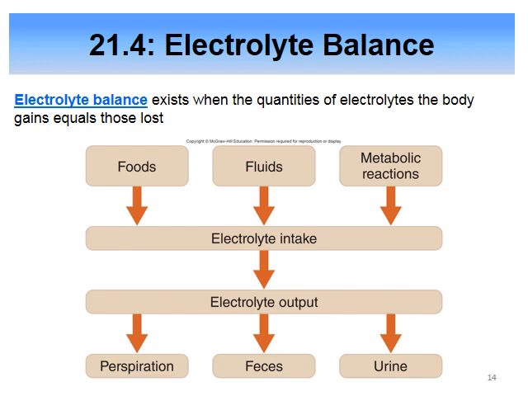Okay, electrolyte balance. So obviously, if we have electrolytes coming in, we need to have electrolytes coming out. So this picture is just trying to show you that we're going to get electrolytes through food, through fluids, metabolic reactions, and then we're going to get rid of electrolytes through perspiration, feces, and urine.